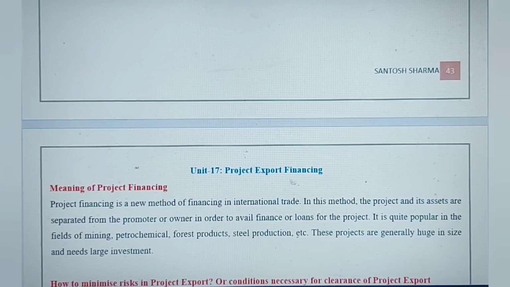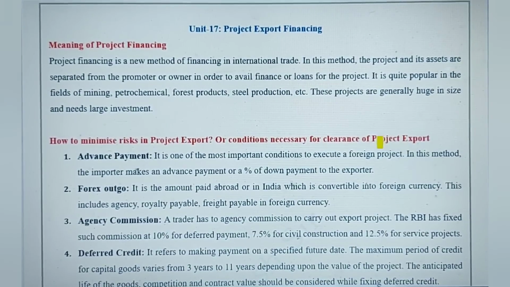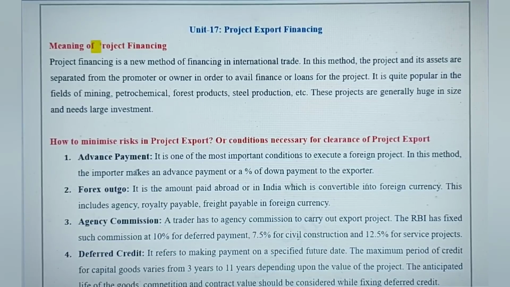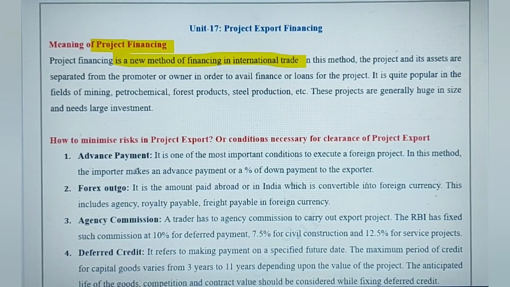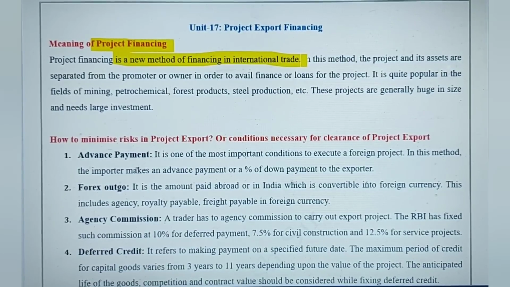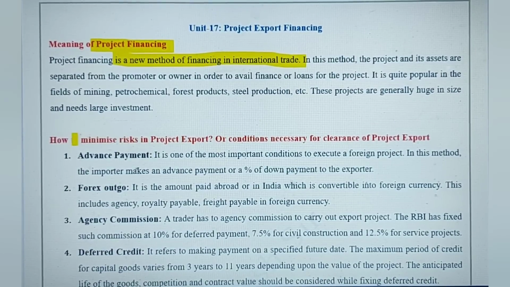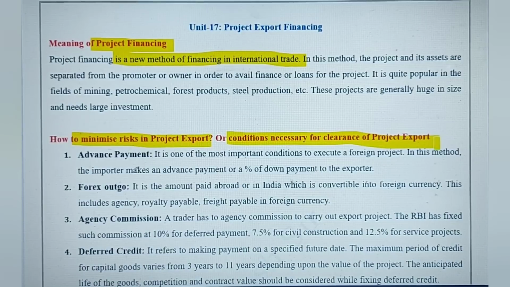Okay, the next unit is project export financing. And here you should study what project financing is, that is, getting finance for a new project to be undertaken in international trade, and how we can minimize the risk, or what are the conditions necessary for the clearance of the project export.